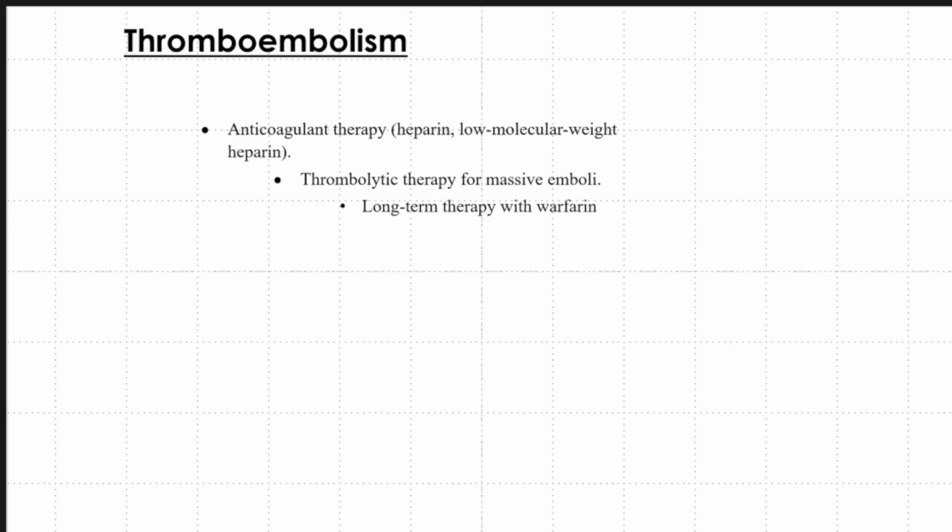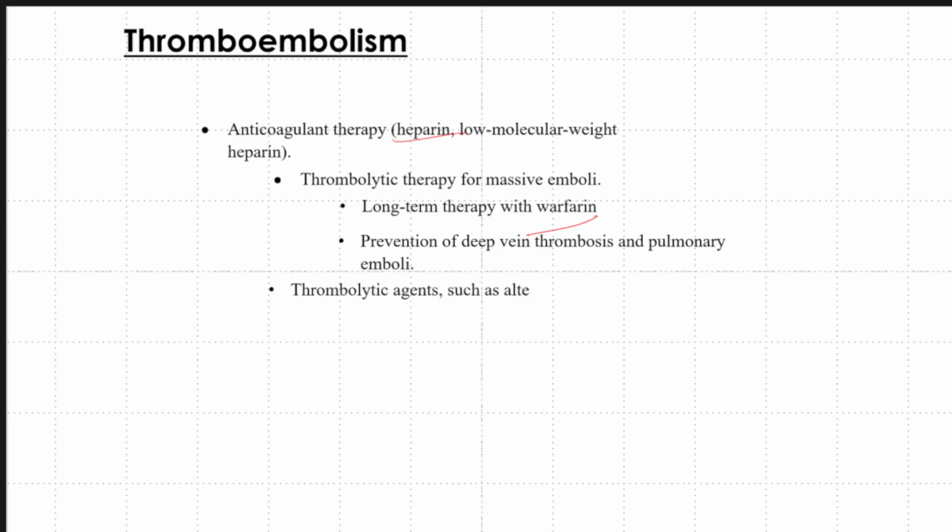Now, all of this, heparin, warfarin, low molecular weight heparin, can be used to prevent deep vein thrombosis and pulmonary emboli, right? Now, there's also stronger thrombolytic agents, and I'm sure na-mention na to kanina. This is your alteplase, reteplase, or tenecteplase.